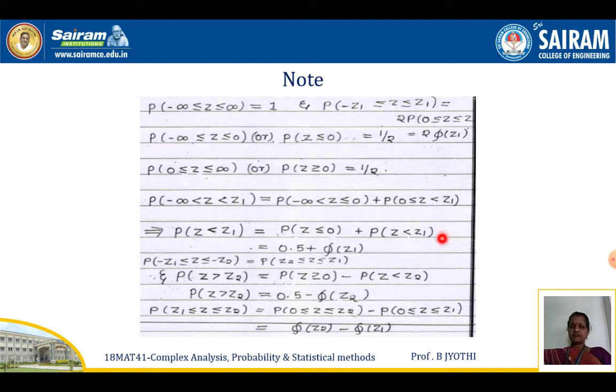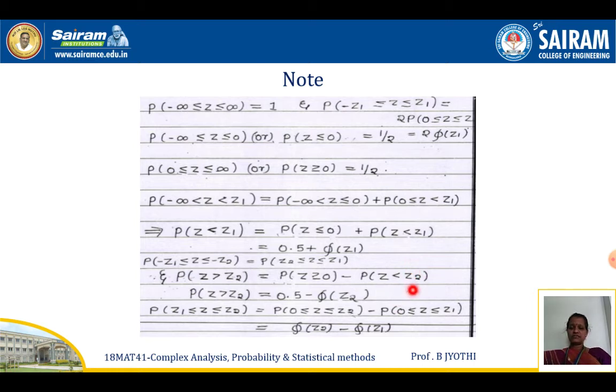So this can be further written as z ≤ 0 and 0 < z < z1. When we take z ≤ 0, we get 0.5, and this can be taken as phi of z1. Or, for z2 ≤ z ≤ z1, we can also take it as 0.5 minus phi of z2.